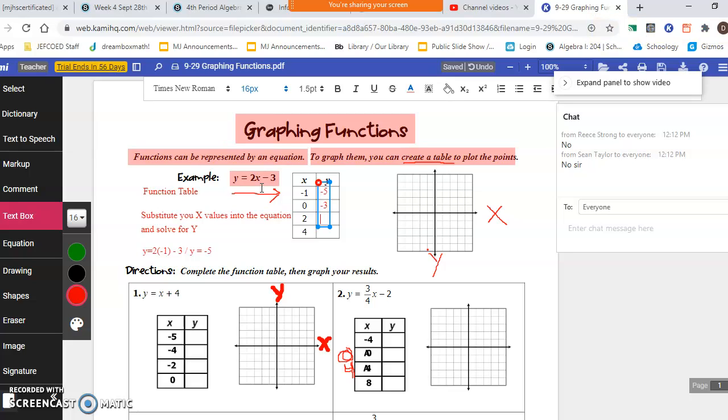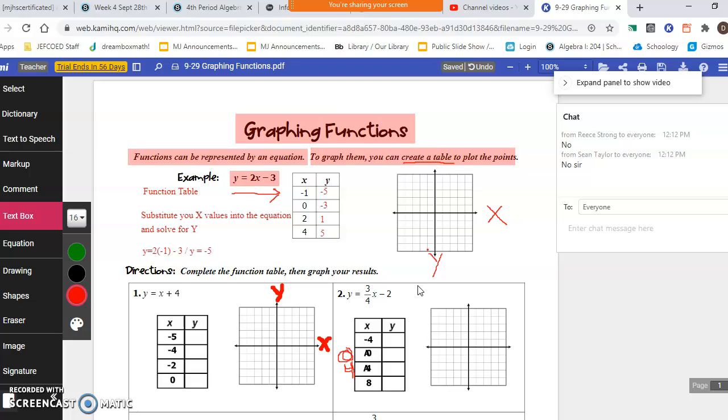Okay, substituting in 2 for x, 2 times 2 would be 4, and then you would have your 4 minus the 3, which would leave you with a +1. Okay, and then substitute in 4, 4 times 2 would be 8, and then 8 minus 3, that would be 5. Okay, so now we have our domain and range, guys.